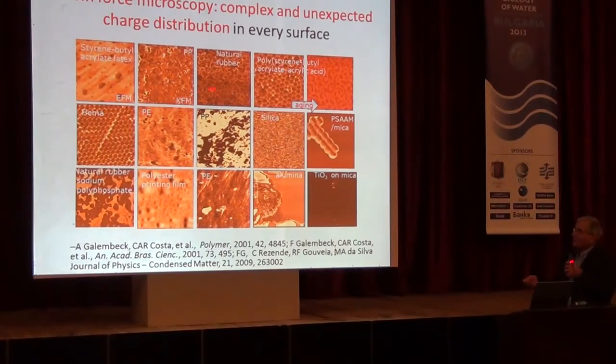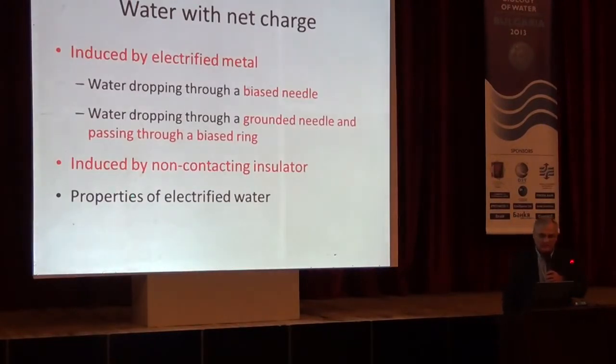There is one thing in common among all of them, mostly polymers, some inorganic solids. What they have in common is a pattern of potential distribution, which means a pattern of fixed charge distribution in any of these samples. To this day, I think that we have examined 150 or so samples, and that's what's always obtained.